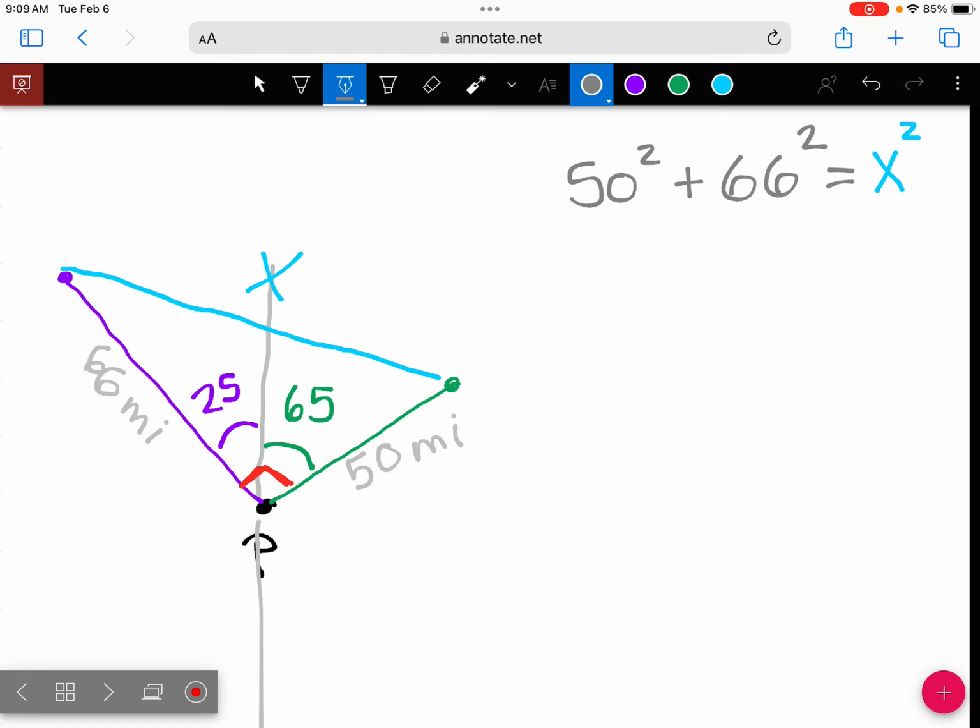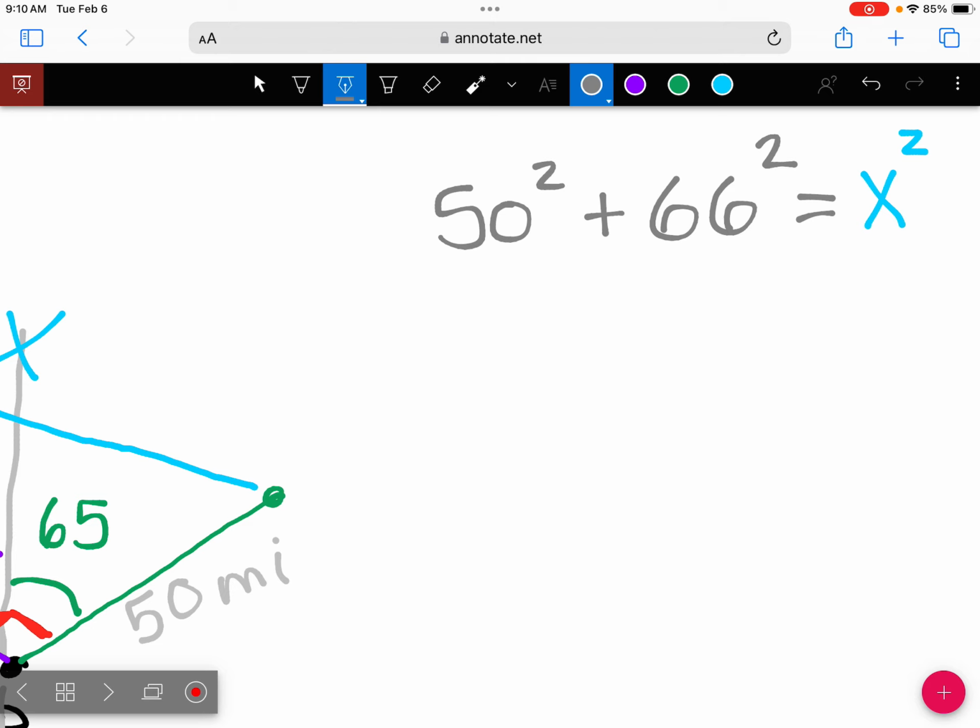Oh, you're just doing our squaring. I'm like, you're right. Just shouting out random numbers. But I figured it out eventually. 2,500 is 50 squared. You're right there. 66 squared. Utilize the tools at our disposal. We got calculators.